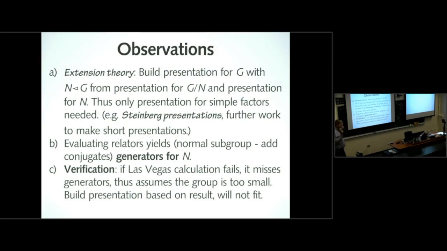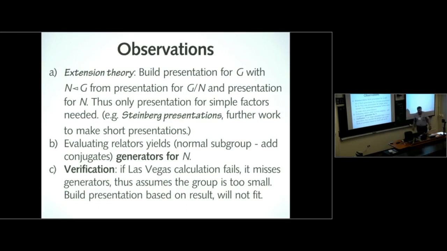And when things go wrong, the situation will always be one-sided wrong. It will be wrong in the sense that the algorithm will think the group is smaller than it actually is. Say because we're missing some generators or we have thrown away some generators we better shouldn't have thrown away.